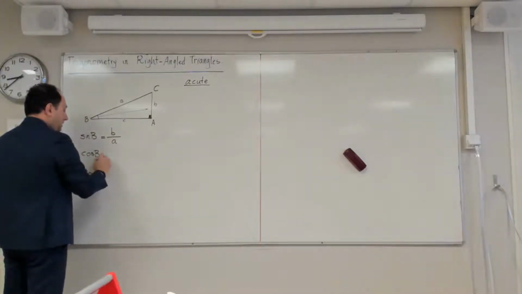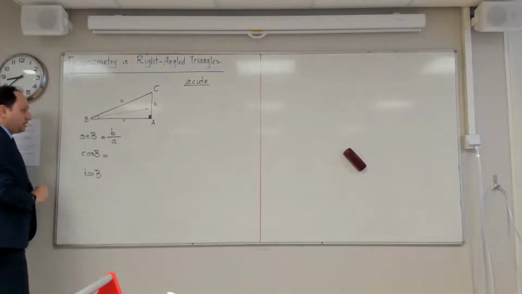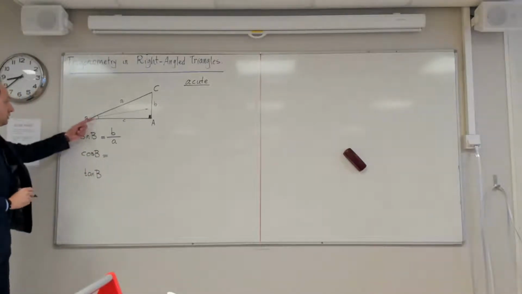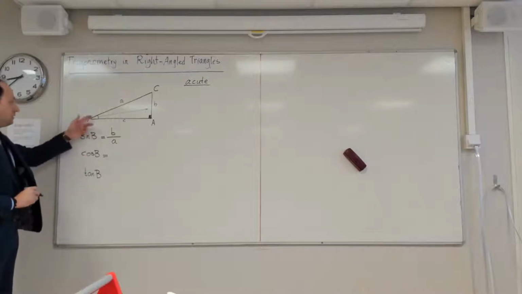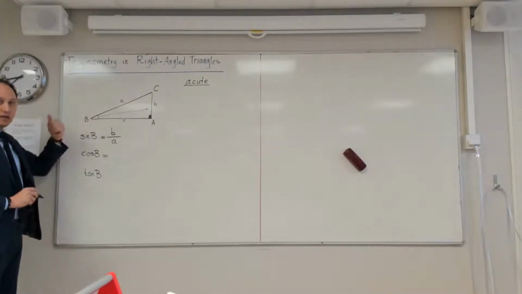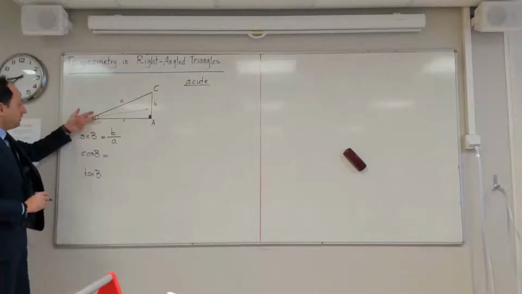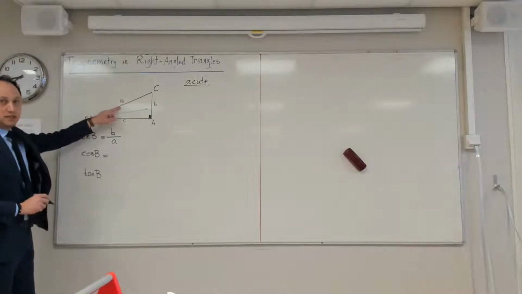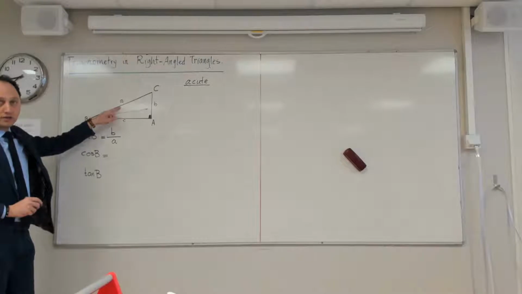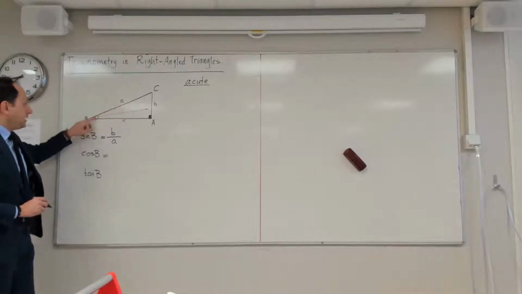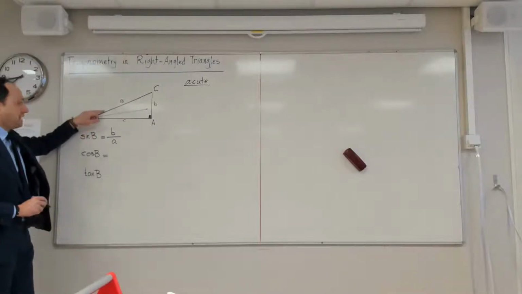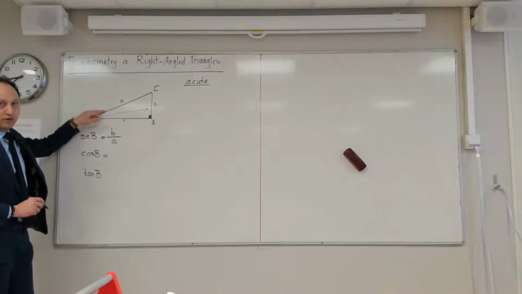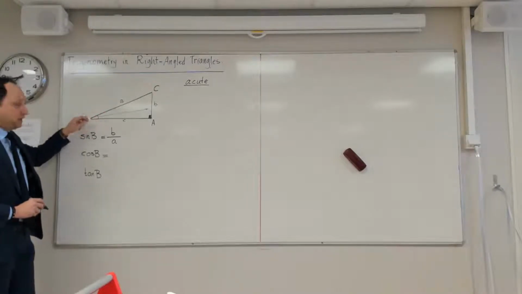If I am interested in calculating cosine of the angle, I need to go to this angle. I need to pick up the length of the adjacent side. You need to be careful here. If I have these two sides, both of them are adjacent to this angle, but I will not call this one adjacent in this context because there is a better name for it, and that's called the hypotenuse, yes? So when I say adjacent, I mean this one, not that one, even though technically both of them are adjacent to the same angle B, yes?